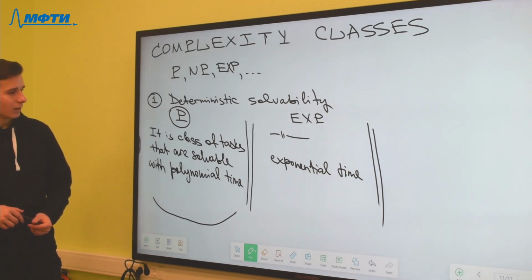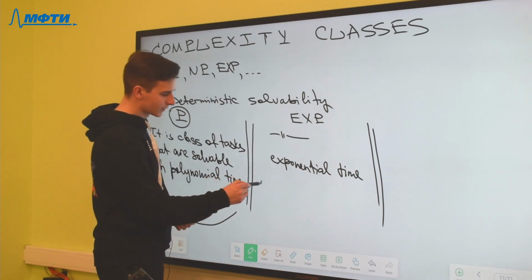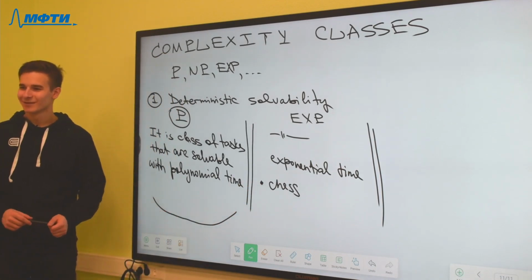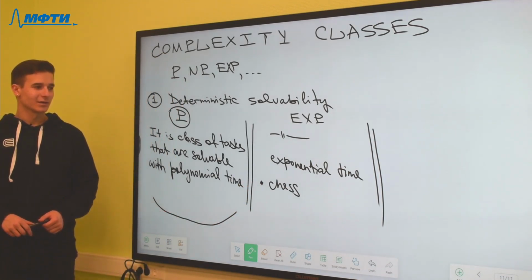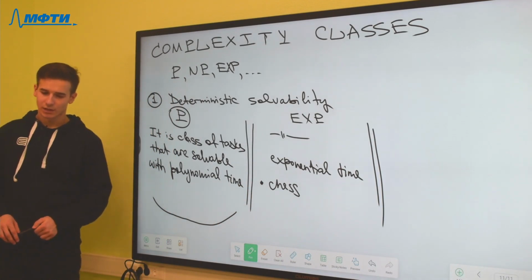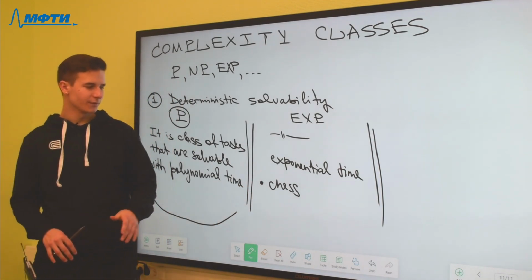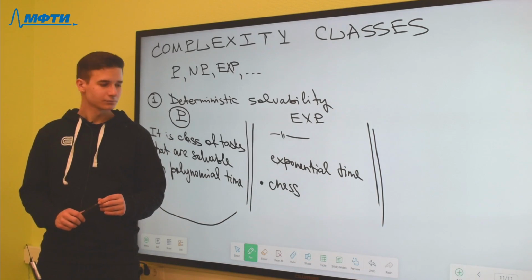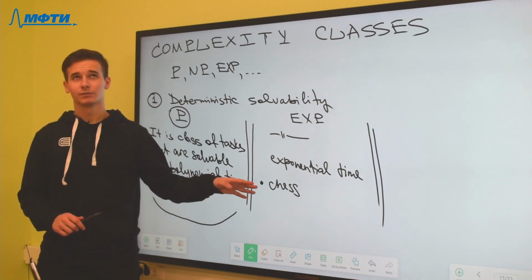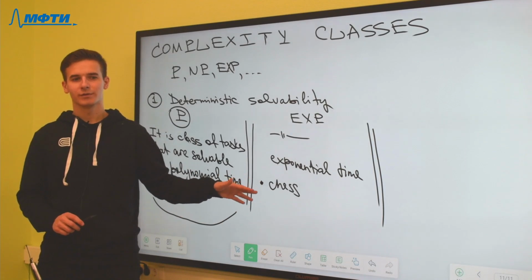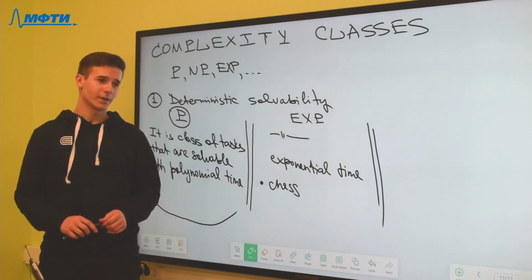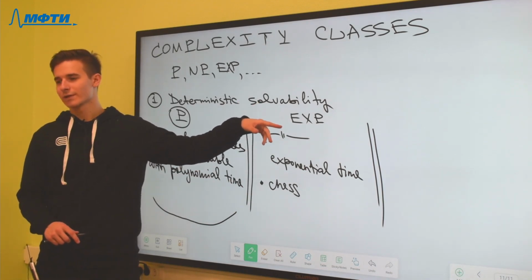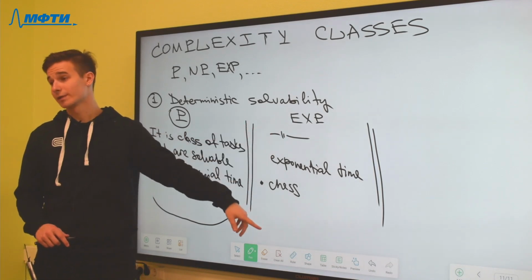For example, we can say that chess, you know what it is, is an EXP-complete task. It means that if we can solve chess with polynomial time, then we can solve any task in the exponential class, EXP, with polynomial time.